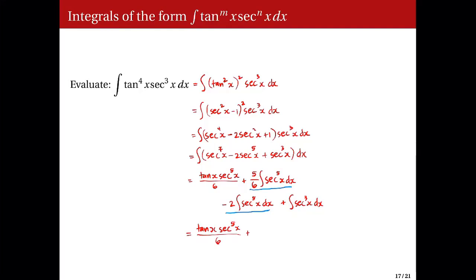That's negative 7 over 6, so it's 5 minus 12, that's negative 7. So you have minus 7 over 6 integral of secant to the 5th x dx plus integral of secant cubed x dx. Sorry, why is this 7? This is to the 5th power now.